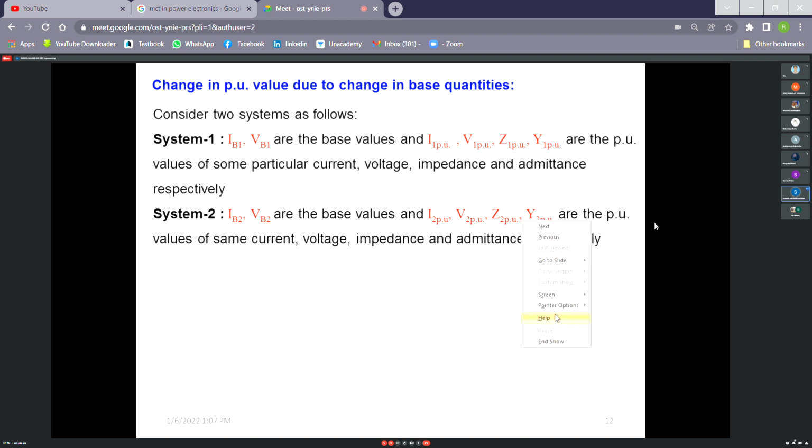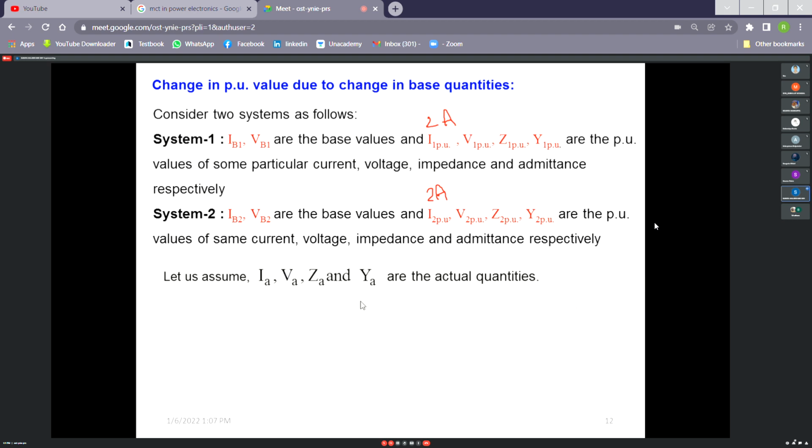So for these two per unit values, if I give the example, current in both the cases, the actual value of current is say 2 ampere. So the actual value of current will not be changed, but for the base value, the per unit value of the current will be changed. Now let us assume variables, not in terms of actual values but in terms of variables: IA, VA, ZA, YA are the actual quantities.